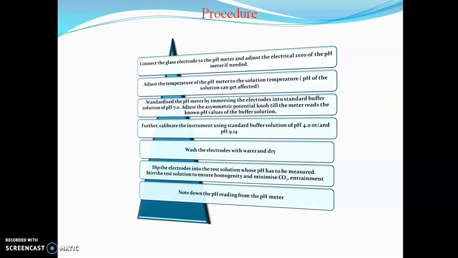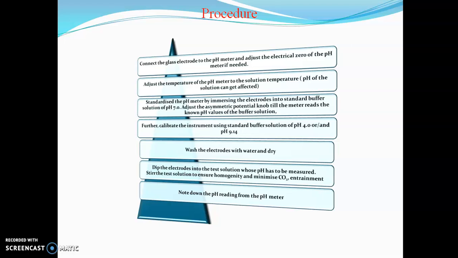Now standardize the pH meter by immersing the electrode into a standard buffer solution of pH 7 and adjust the potential knob till the meter reads the known pH of the buffer solution. Now further calibrate the instrument using pH 9 buffer solution and pH 4 buffer solution.